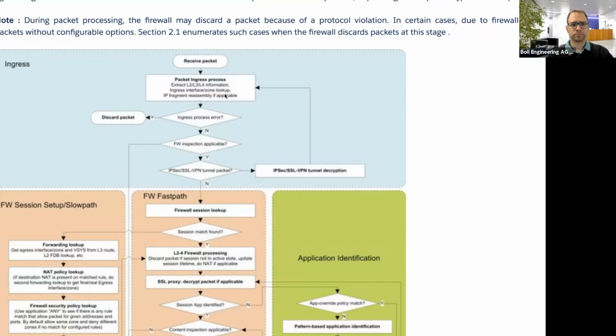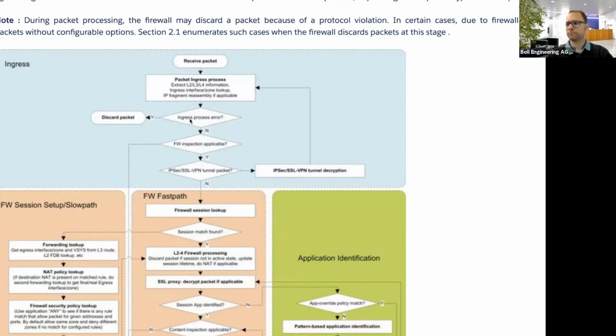Or if the packet arrives on the wrong zone, so if we have a source IP which shouldn't arrive at this interface because of the routing information, then the receive stage is already able to drop the packet. Maybe we have fragments which are not correct, and so on. So there are some checks done already in the receive stage, which can lead to a drop of the packet.